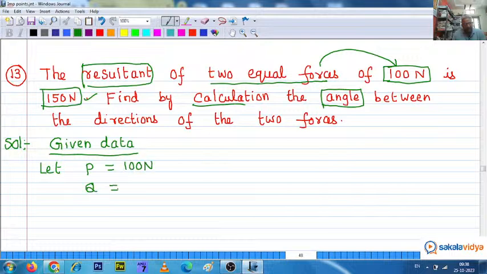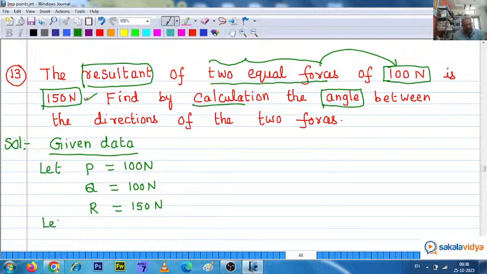Second force be Q, that is also 100 newtons. Why should we write like this? Using this sentence, two equal forces. Next, resultant R is equal to 150 newtons.